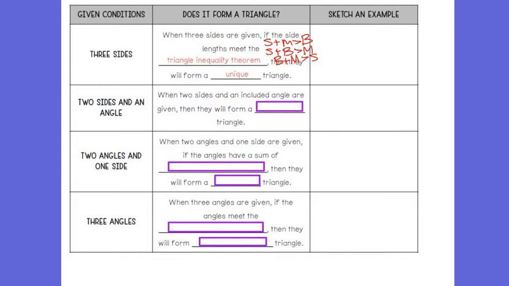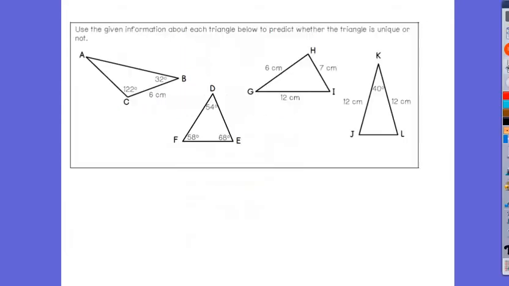Okay, look at the triangles above the chart. Do you see a triangle where 3 sides were given? Yes. What is that triangle's name? DFE, pretty sure they gave us 3 angles. I asked for 3 side lengths.